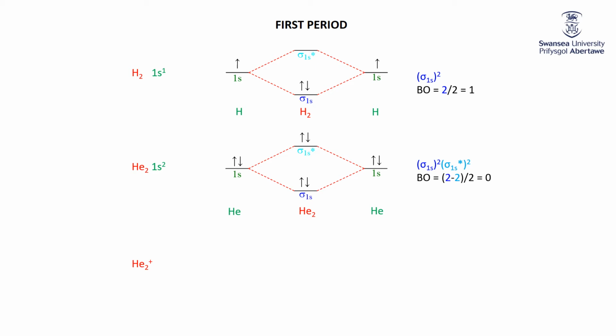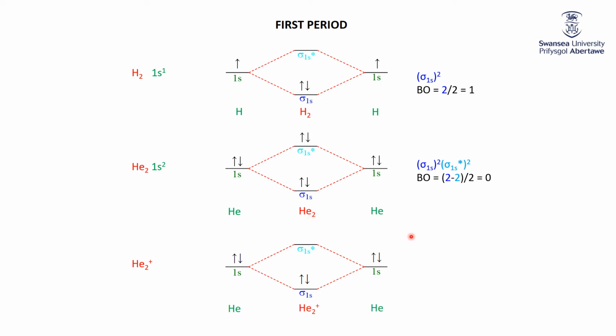Well, how can we explain the existence of He2+? We can do that using our molecular orbital theory. Again, there's our helium with a 1s, helium with a 1s, 2 electrons in each helium, and so you would say we'll just have the 4 electrons that will cancel each other out.